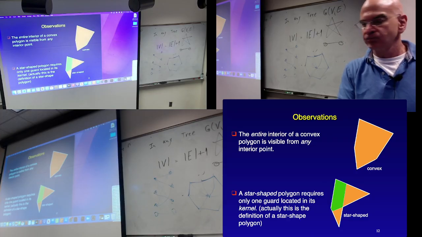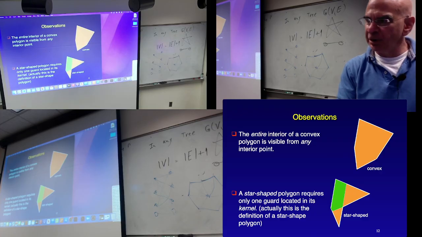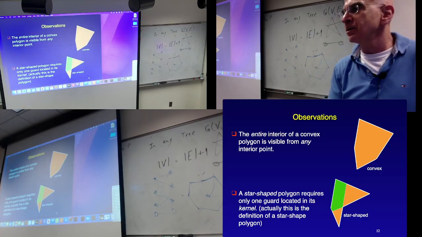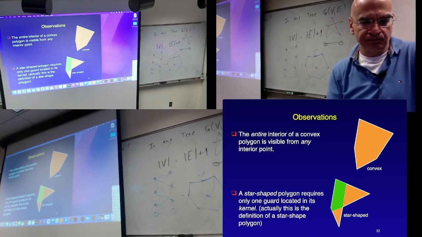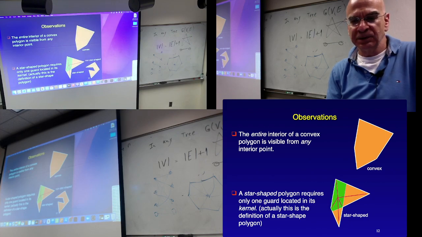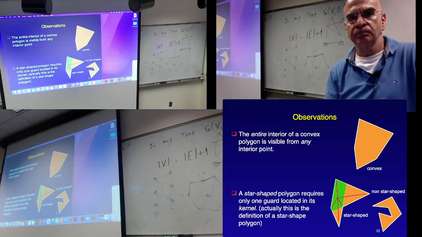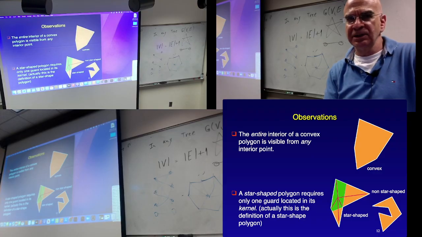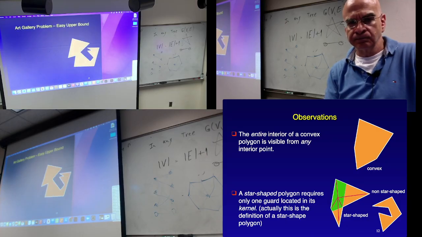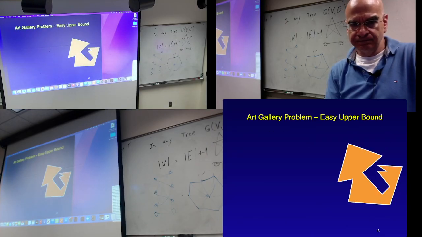It's a cute question. It will be in the next homework. So that's a star shape, that's not a star shape. Yes, sir? Does a star-shaped polygon have to be not convex? No. Convex is star-shaped, but not the other way around.